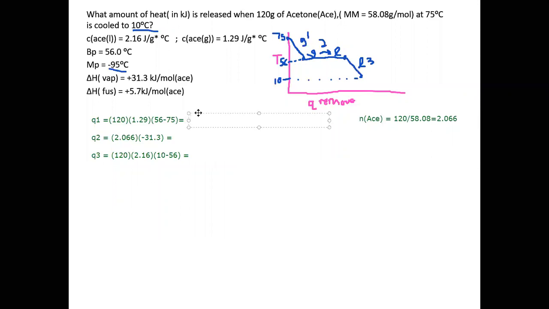So now we have them all set up, we can do our calculations. Oh, and that was in joules.